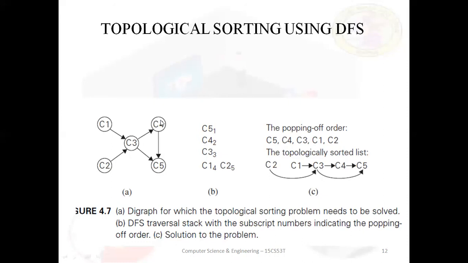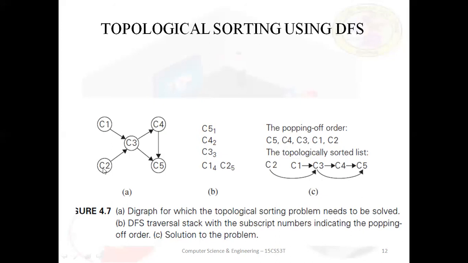Similarly, after popping C4, the next vertex in the stack is C3. C3 is popped out. Then we pop out C1. Then finally, C2 is another vertex which has not been visited and it does not have any incoming edges, so we visit C2 freshly.